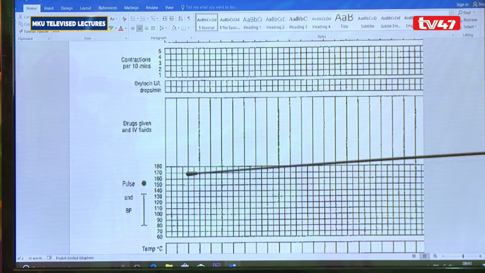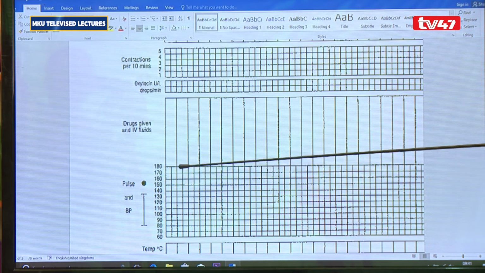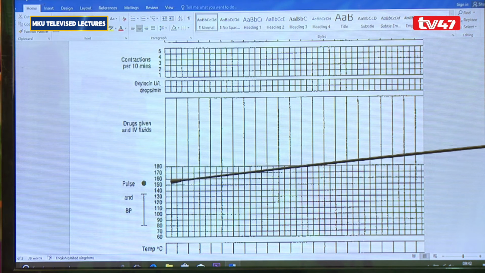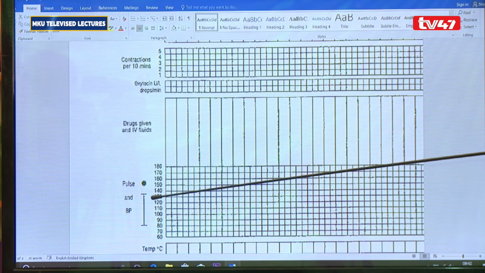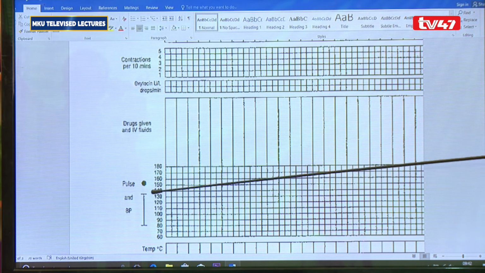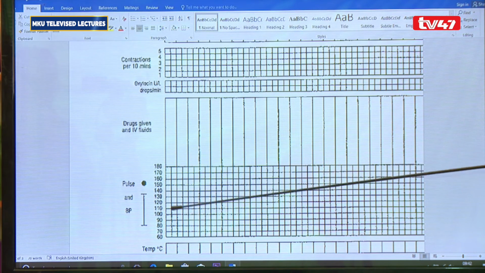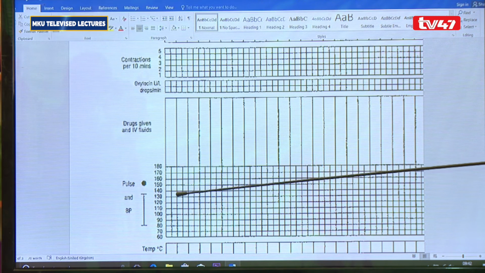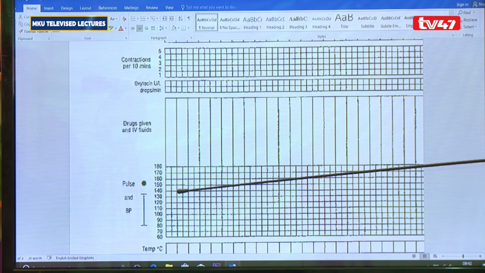So the pulse is charted using a dot, and the blood pressure is charted using a line like this. If the blood pressure is 140 over 80, I put a line here and I chart between the boxes. But the pulse rate is charted at the junction of the boxes.